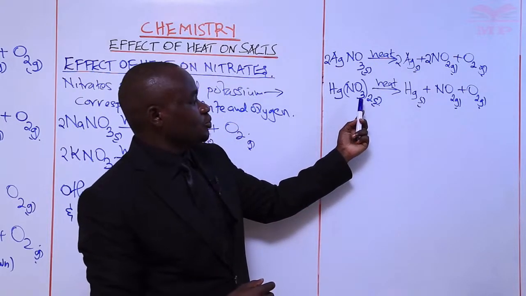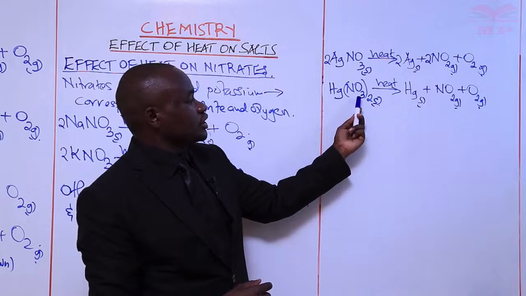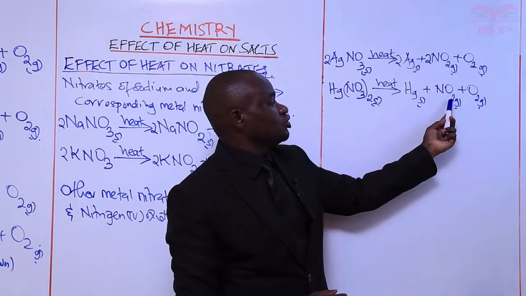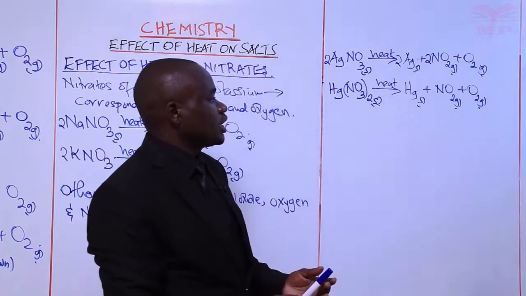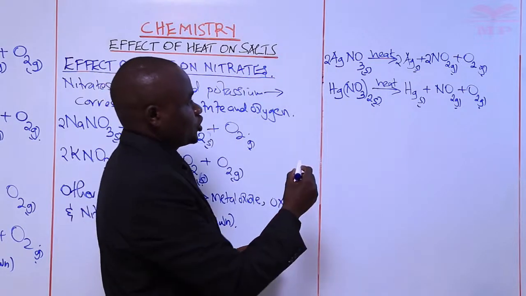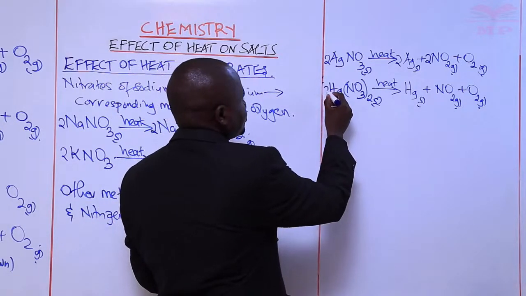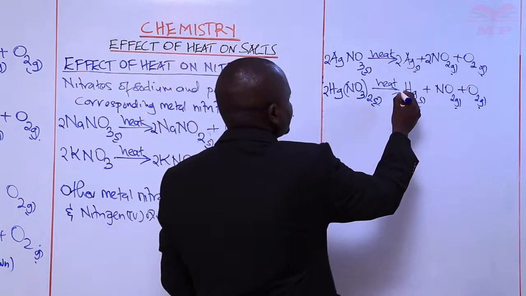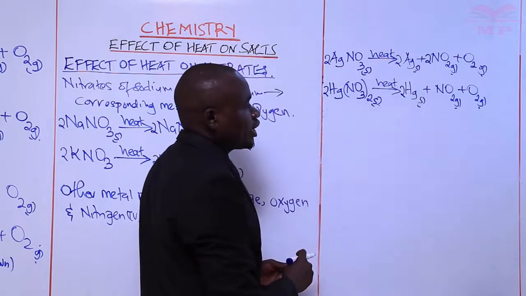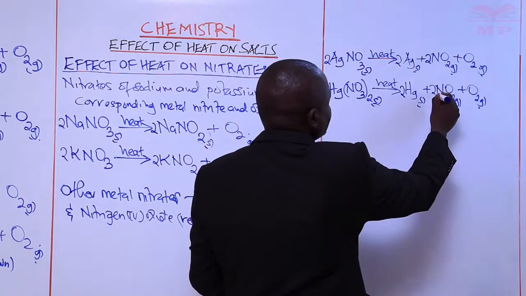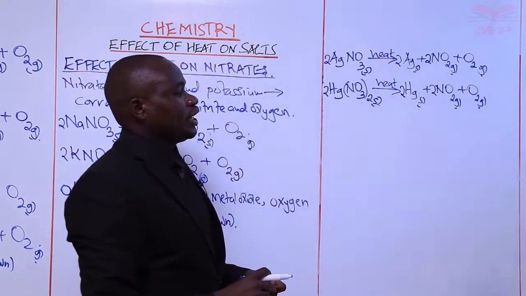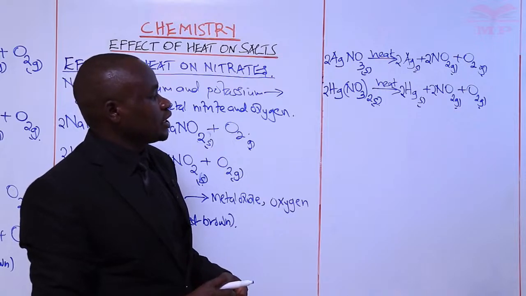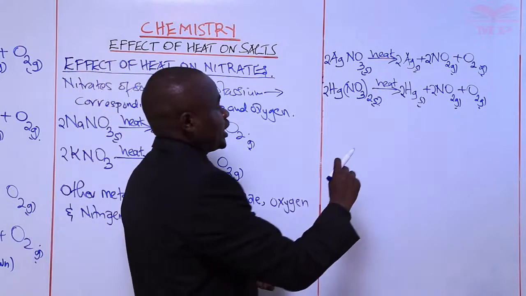Lastly, atoms of oxygen. These are 3 times 2, 6. These are 2 plus 2, that is 4. So it's not balanced. So let us balance. So we shall put a 2 here on the nitrate, a 2 on the gold, and lastly a 2 on nitrogen oxide gas.